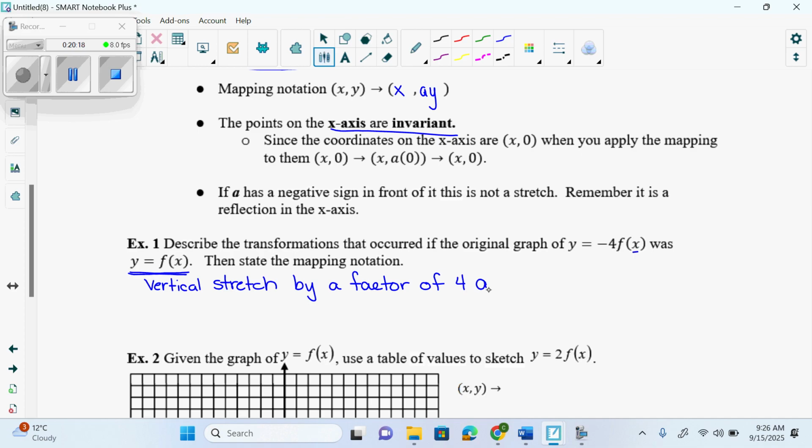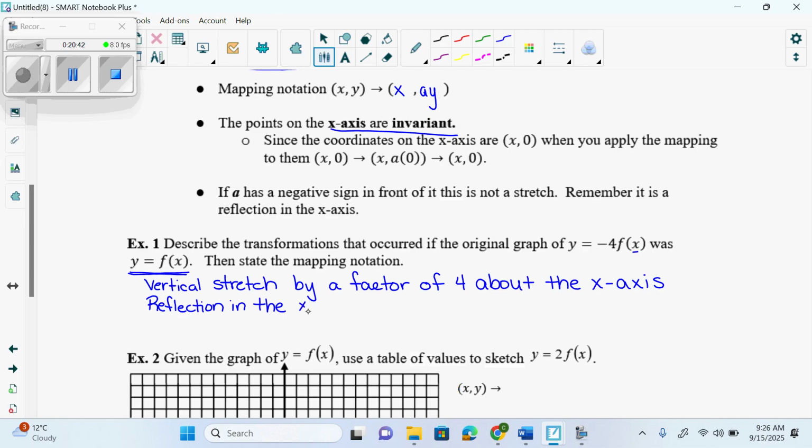About the what axis? X-axis. Because it affects the y's. Notice how I did not put negative 4, correct? What does that negative do? Reflection in the, which axis?